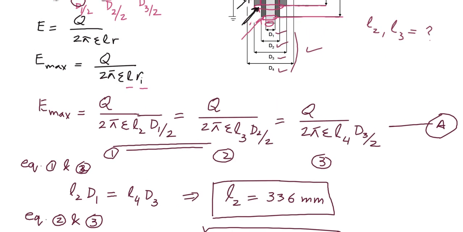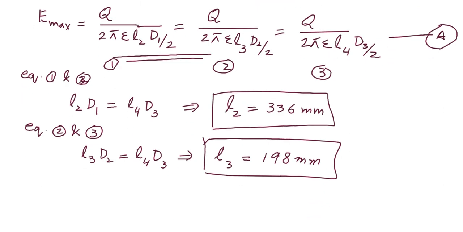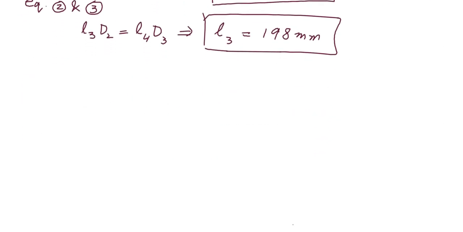So, the total voltage applied in this geometry will be distributed between the multiple layers. If we are applying total voltage U, that will be distributed between the first and the second layer, U12, plus U23, plus U34.